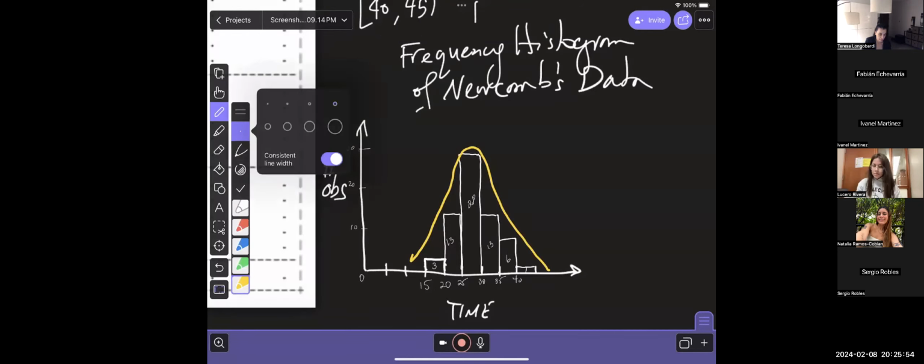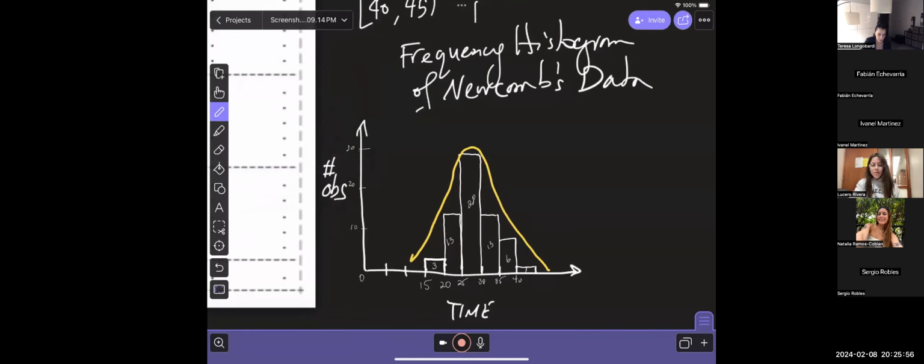Symmetrical. Right, it's symmetrical. And because it's symmetrical, we use the mean, and we use the standard deviation for the spread. So that's 1, 2, and 3. The 4th is gaps and outliers. No gaps, no outliers.